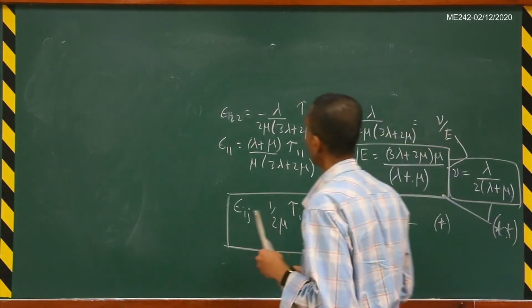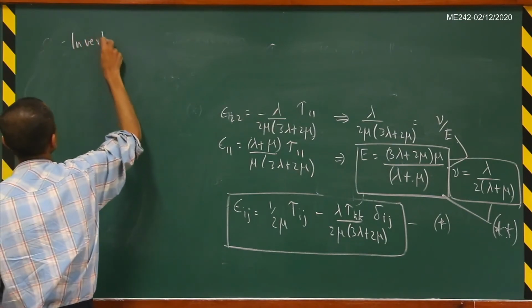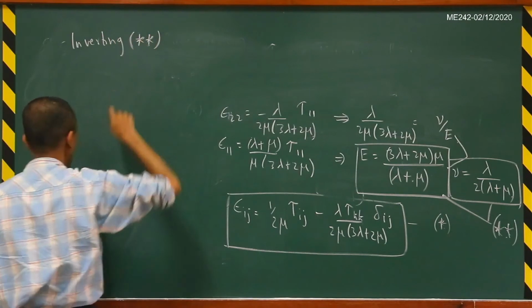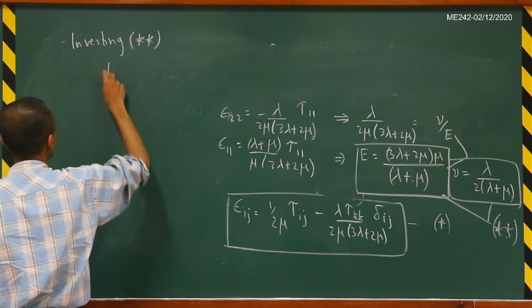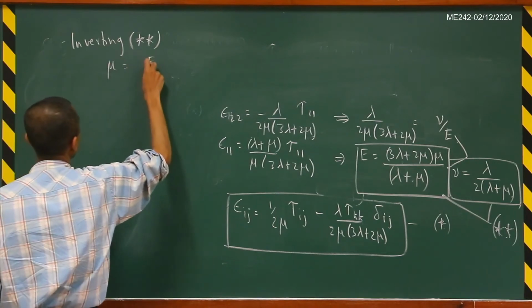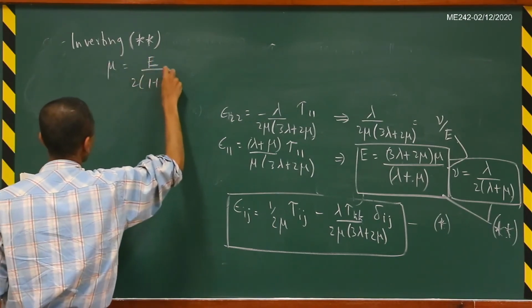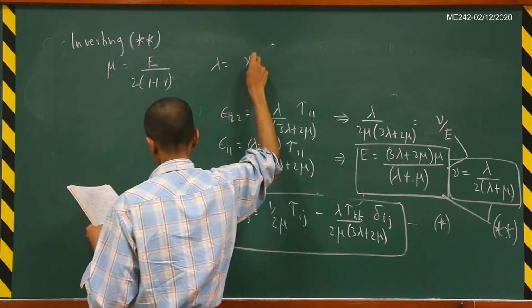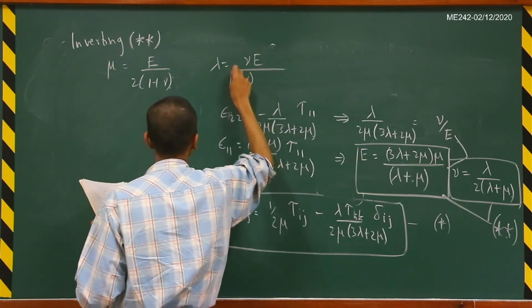So inverting these two relations here, what I will get now is that mu is equal to E divided by 2 into 1 plus mu. And we also get lambda is equal to mu times E divided by 1 plus mu times 1 minus 2mu.